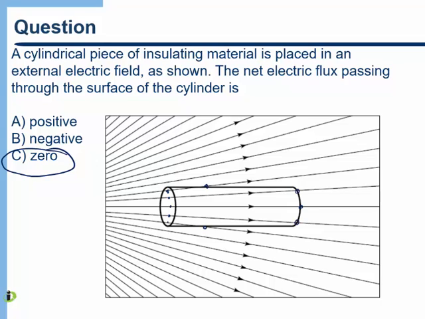Net number of field lines is 0, so the net flux is 0. The other way you could have thought about it is looking at Gauss's law and saying that if there's going to be a net flux, that means there has to be a charge enclosed in the surface. Well, there's no charge in here, and therefore the net flux through that surface has to be 0.